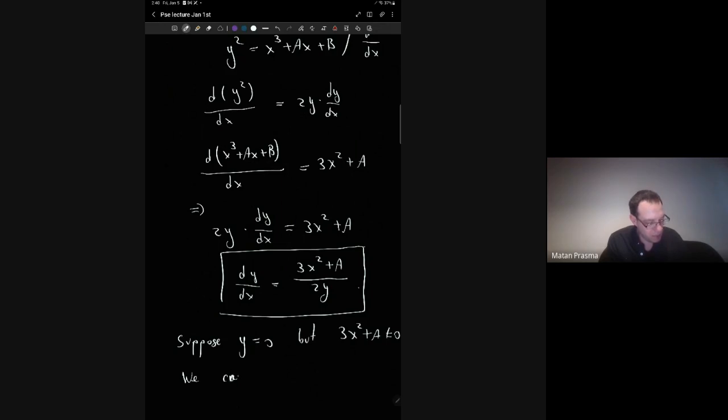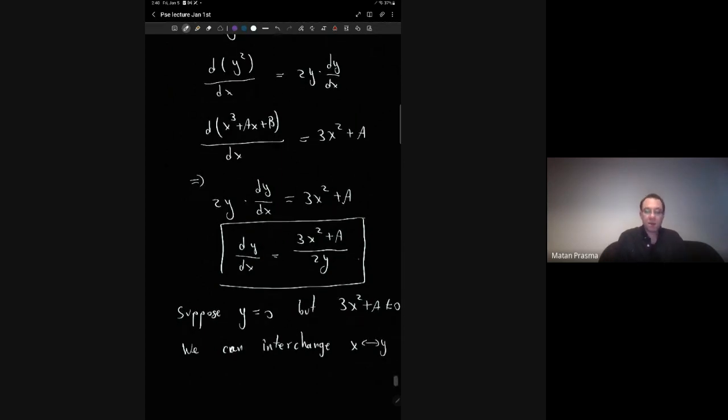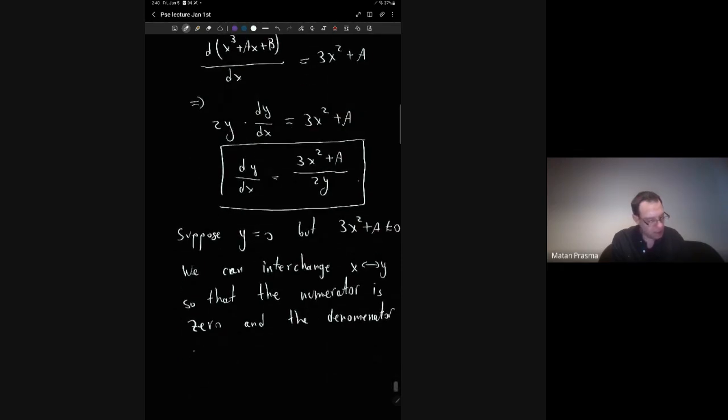But we can interchange the roles of the variables x and y, so that the numerator is 0 and the denominator is non-zero.